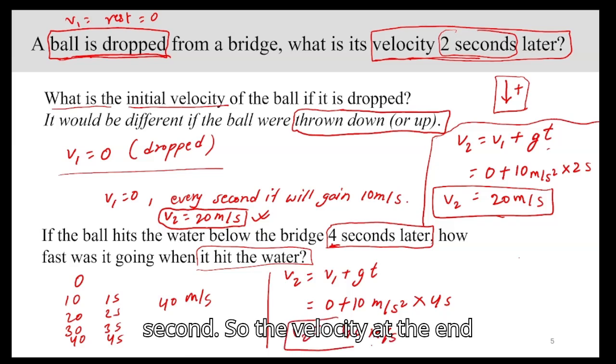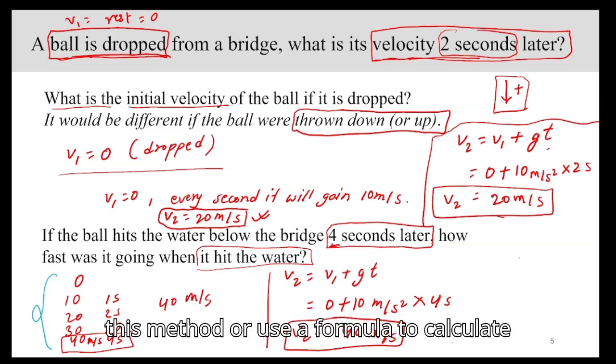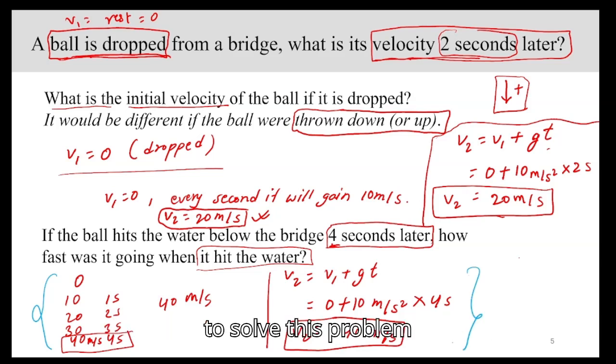So the velocity at the end of 4 seconds is 40 meters per second. We can either use this method or use a formula to solve this problem.